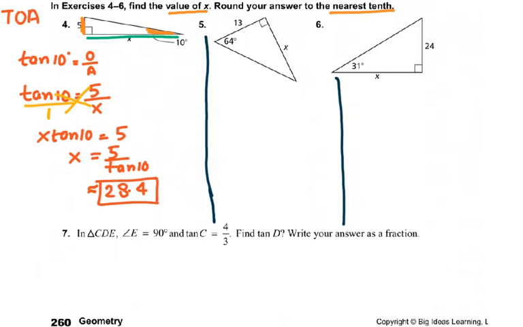Same way here in question number 5, both legs are given, so you're supposed to use tangent, TOA again. The angle 64 is given, so that's going to be opposite for angle 64, and the adjacent one is this one.